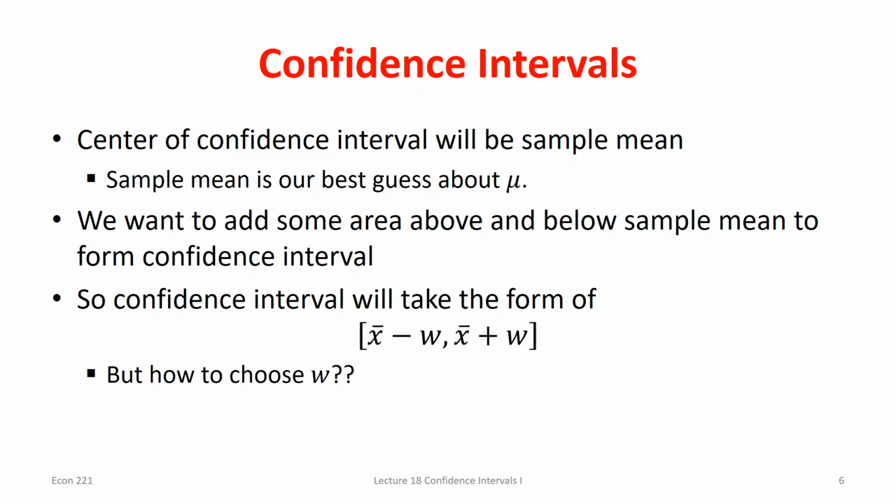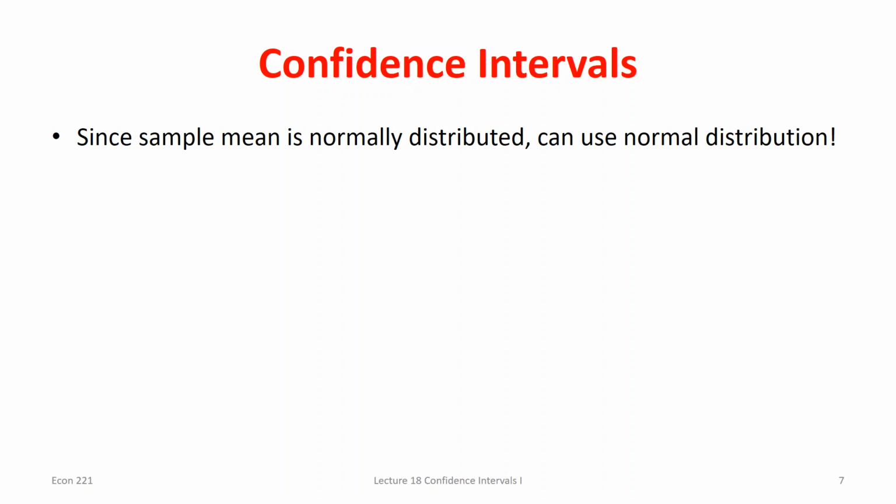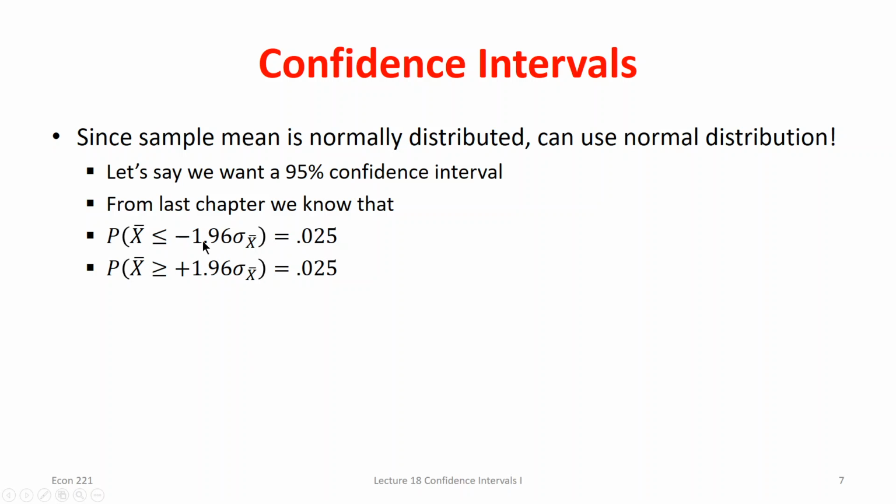Okay. So then the next question is, how do we choose this W? How do we figure out what this margin of error is? If we think about the distribution of our sample means, we know that as long as the central limit theorem is met, we'll have a normal distribution for them. Okay? So let's say we want to build a 95% confidence interval. From what we've looked at before, anytime we go 1.96 standard deviations away, that's just a z-score of 1.96.